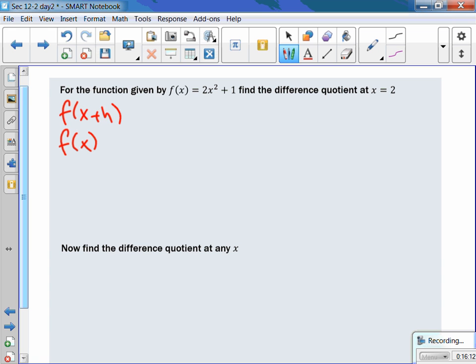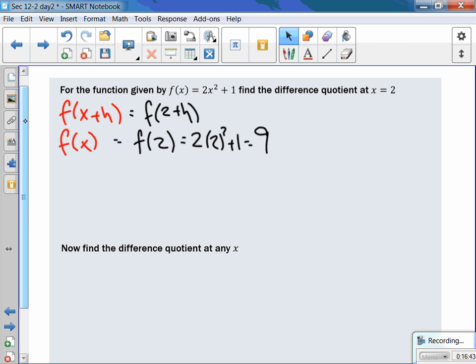So we're really looking for, let's do the tough one first, f of 2. How am I going to find that? How do I find f of 2 plus h?